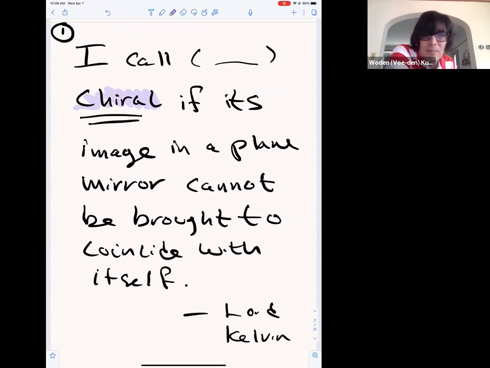It was starting to get explored in the English, UK field of science. It was really introduced by Lord Kelvin in the late 1800s. And this definition persists: something is chiral if its image in a plane mirror cannot be brought to coincide with itself. Basically, it doesn't have a reflection symmetry. Okay, so there are no reflection symmetries.